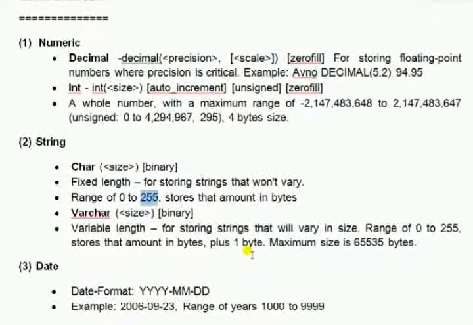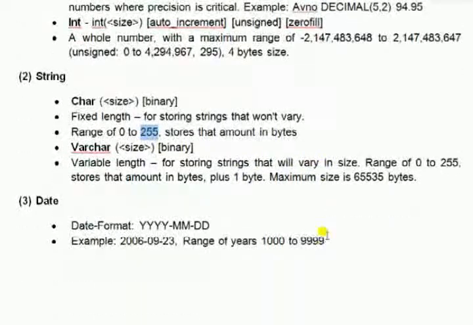So in each field it occupies 255 bytes of space, even if you don't use it. But in the case of varchar, the size gets changed according to the value you enter.